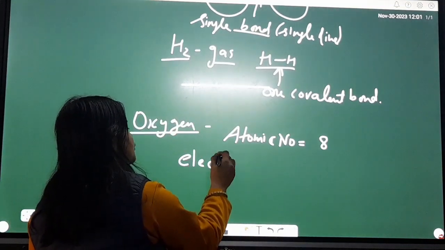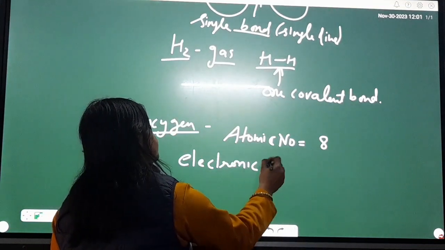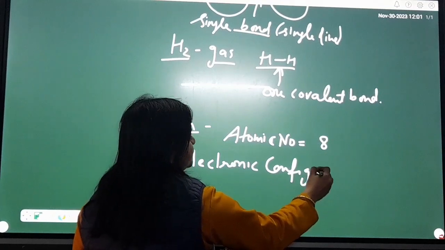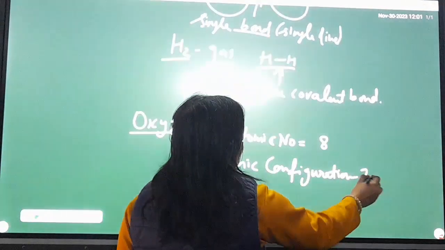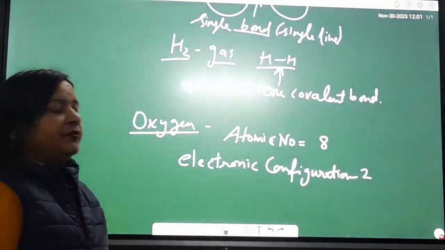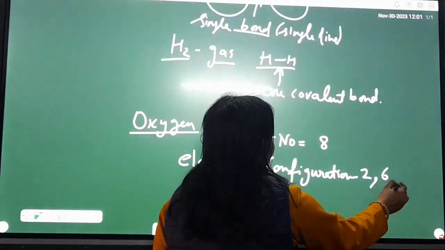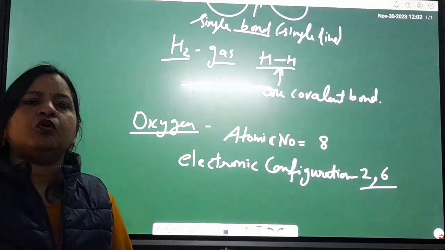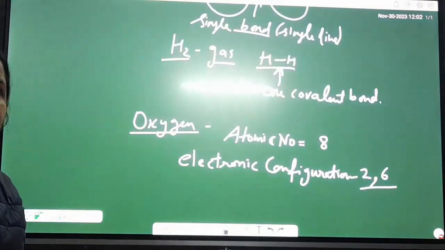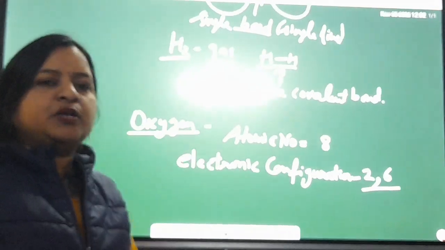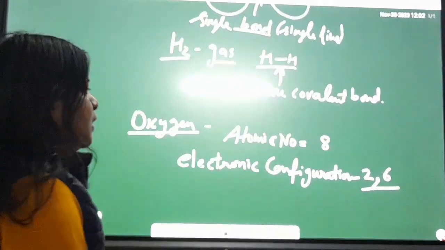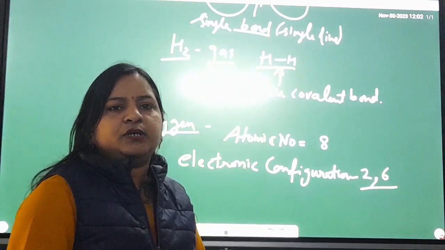So electronic configuration: in its first energy shell, we know that only 2 electrons can come. Then its last energy shell contains 6 electrons. So what is the valency? Will it give its 6 electrons, or will it take 2 electrons from the others? It is easy to take 2 electrons.